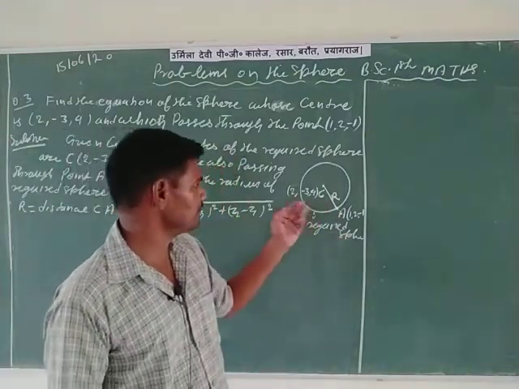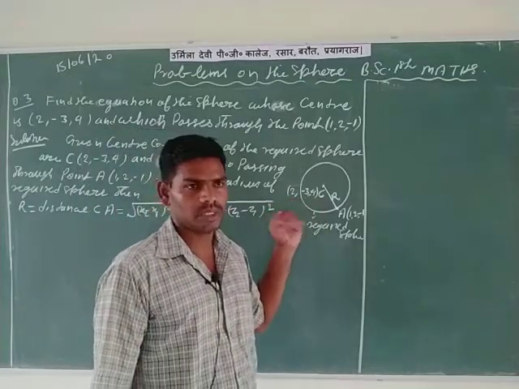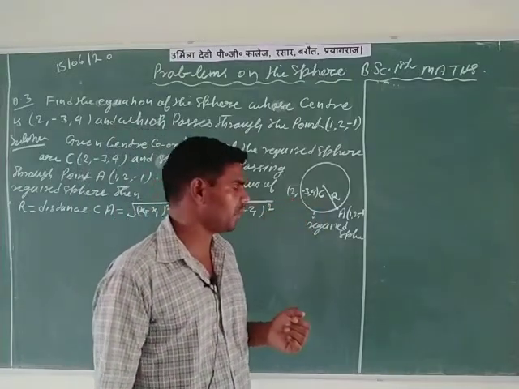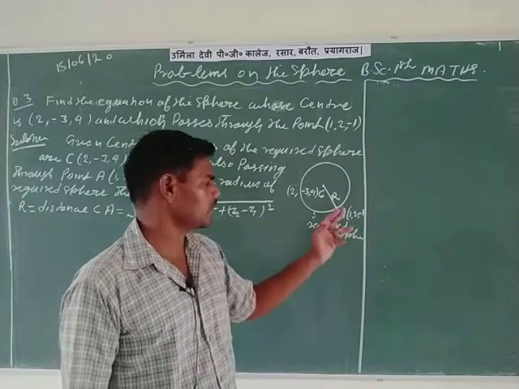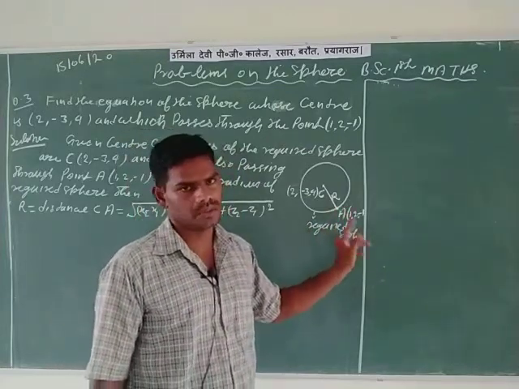So the coordinates of C are denoted by x1, y1, z1, and the coordinates of point A are denoted by x2, y2, z2.